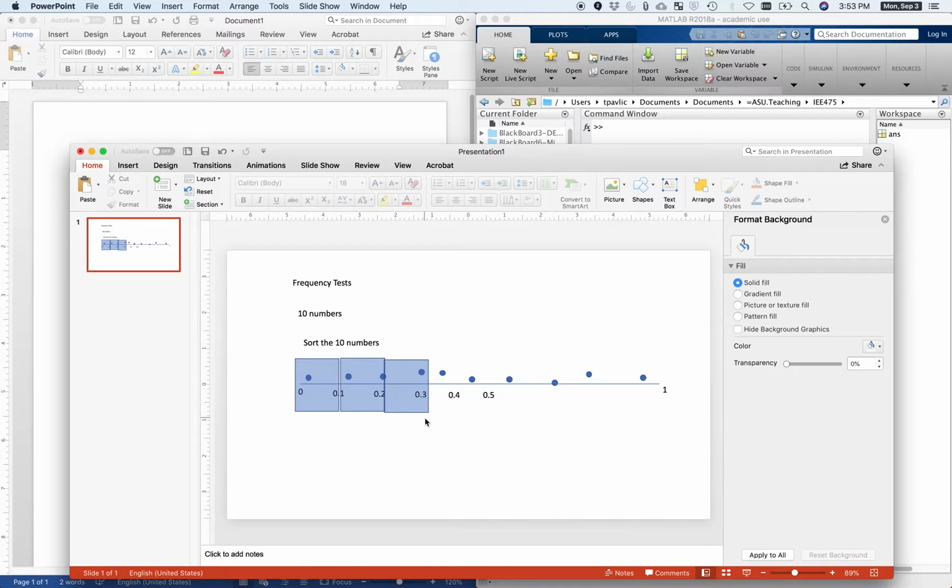But if all of them end up producing low distances, then my test statistic will be small, and it won't reach the threshold for rejecting the hypothesis, and we'll be able to conclude that we can't reject the hypothesis. That doesn't mean we accept the hypothesis, but it means we can't reject it.